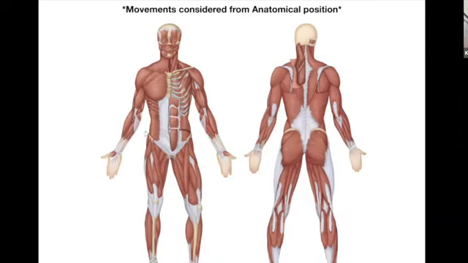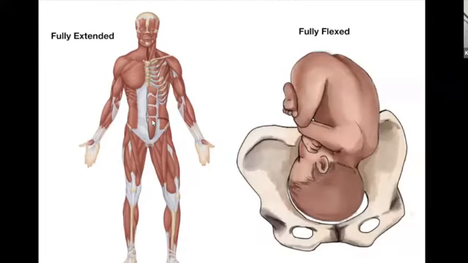This will be important because there are all these muscles on the anterior surface, and they're on the anterior surface because you're in anatomical position. Same thing down here, you're standing up straight. So all these movements, as well as the actions they describe, are going to be considered from anatomical position. So one way to think of it, when you're in anatomical position, you're fully extended.